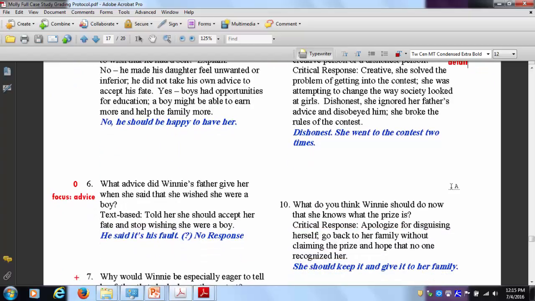And 10, here she demonstrates the failure to see the point of the prize. So it's a problem with story structure here. She should keep it and give it. So missed the point of the prize. And we have a 0.